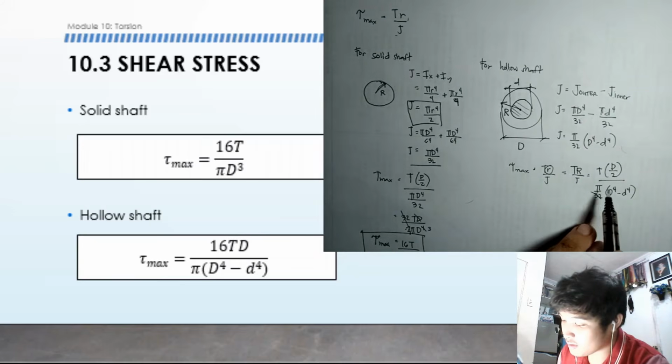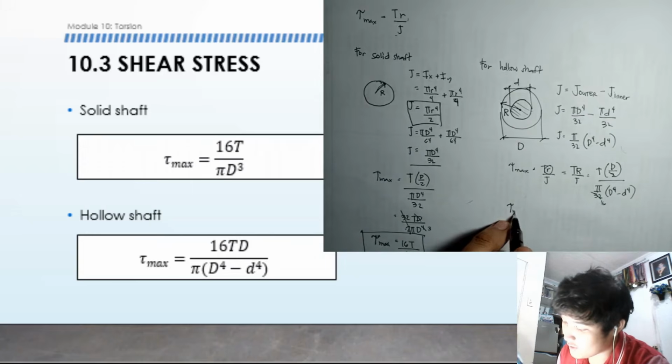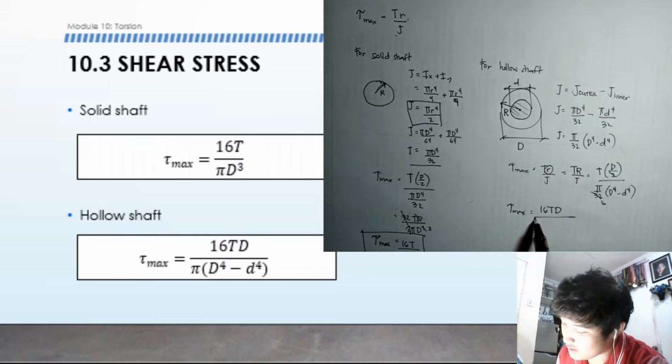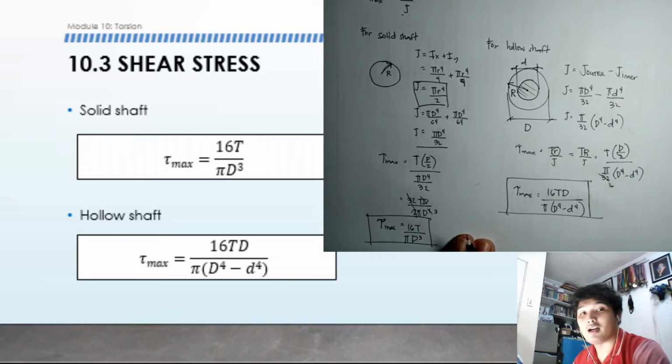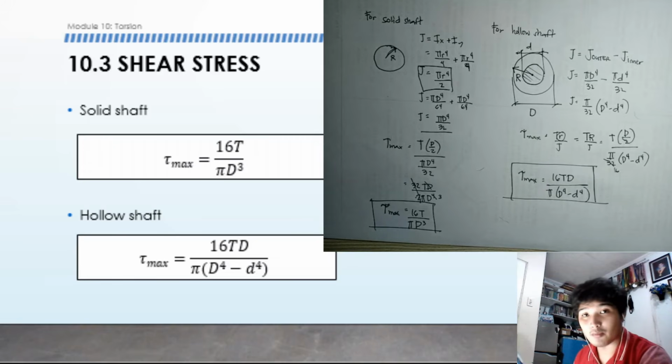Okay, so itong 32 saka 2 magka-cancel, magiging 16 yan, di ba? So, tataas siya. So, ngayon the tau max is magiging 16 T, tapos may matitira pa ring D, and then dito may matitirang pi, tapos yung expression na D raised to 4 minus d raised to 4. So, ito na ngayon yung formula para sa hollow shaft. Okay, so the same siya dyan sa nakapresent sa screen nyo. So, ayun na, kabsaduhin mo kung magaling ka mag-memorize, pero I suggest doon tayo sa basic formula. Okay?